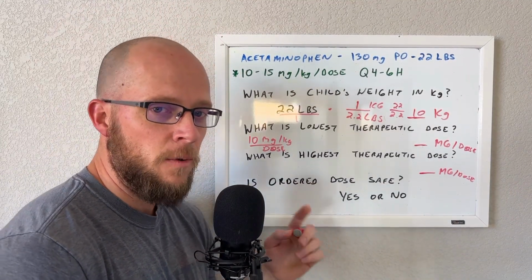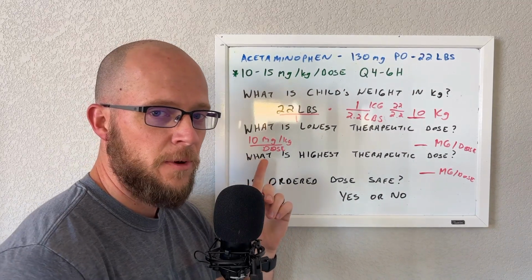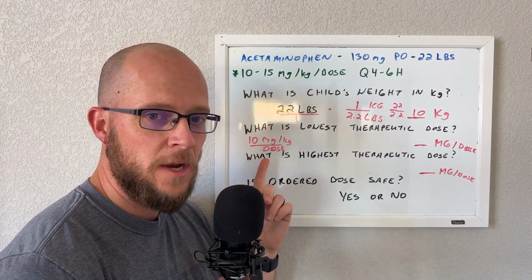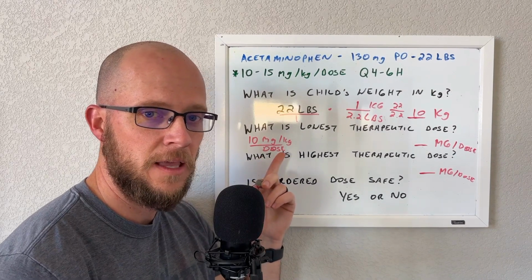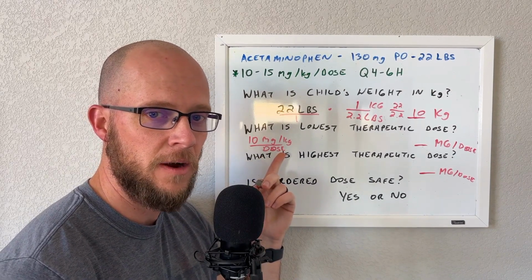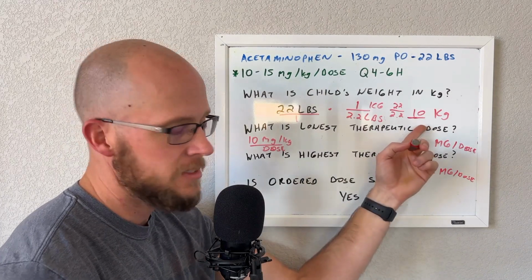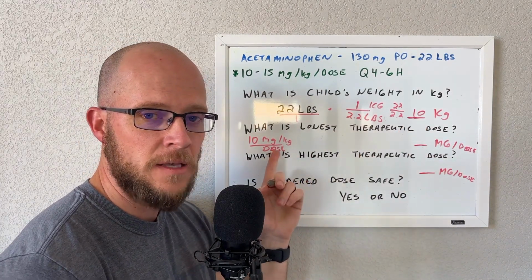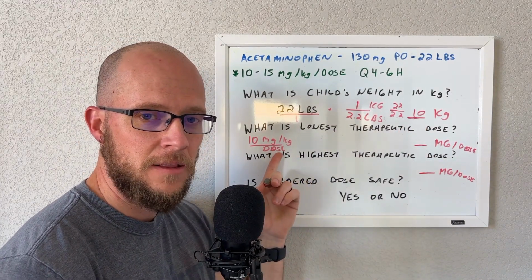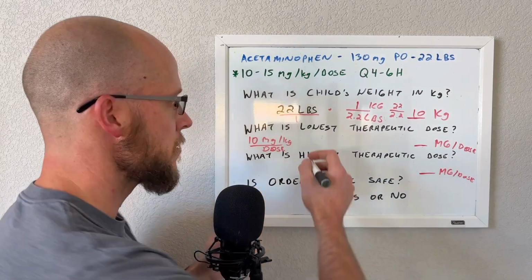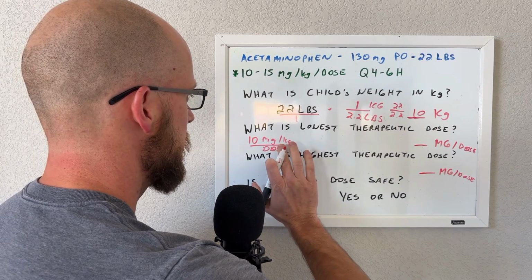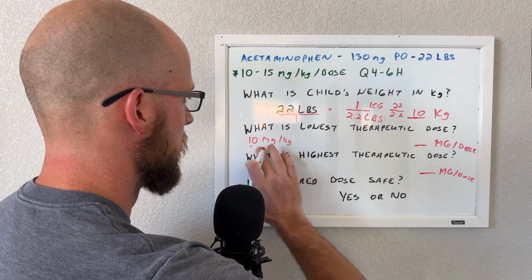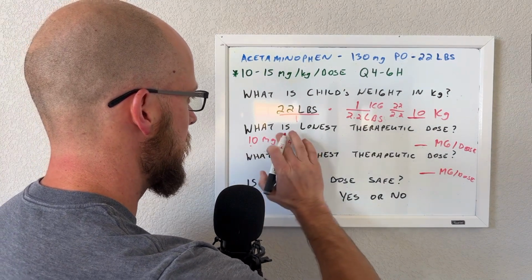So then now what we need to do, so we've got 10 milligrams per kilogram per dose. What are we trying to cancel out? Right, you just need to get rid of the kilograms. So how do we get rid of the kilograms? We're going to take this 10 kilograms and somehow plug it into here so that way we cancel out the kilograms. So to just make this a little easier, since we're going to keep the dose on there, we can just erase that off of there.